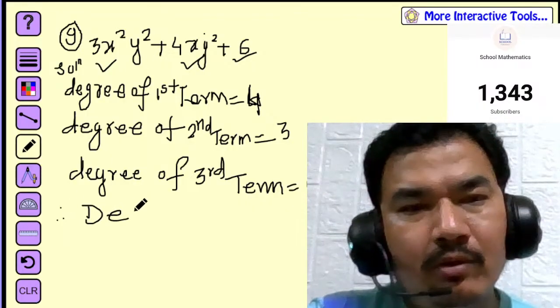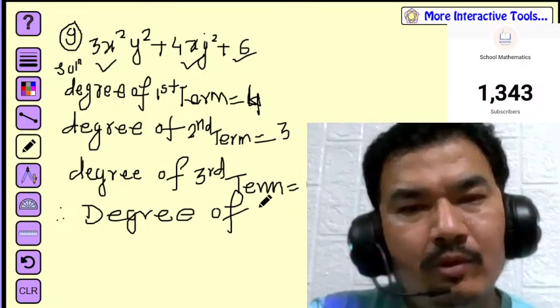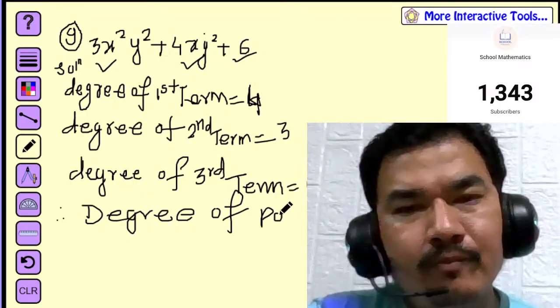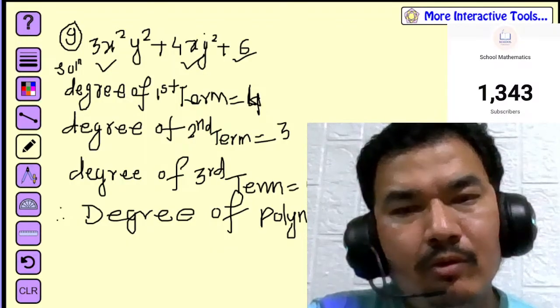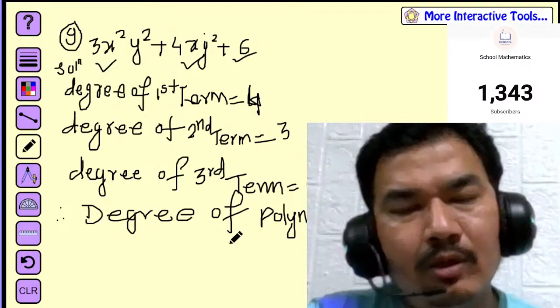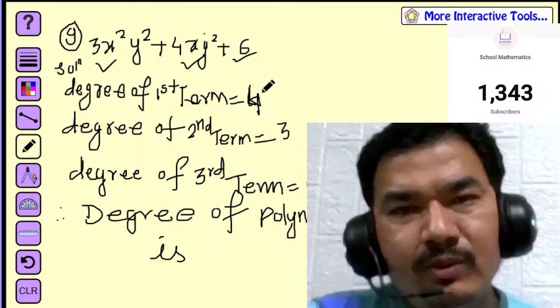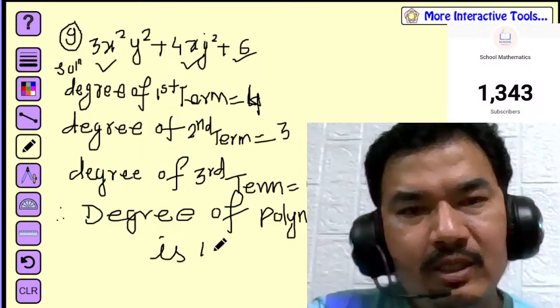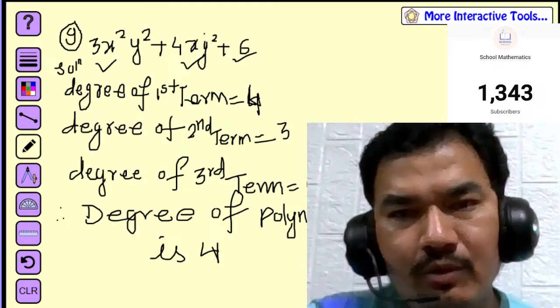Degree of polynomial is the highest one. Which one there? 4. That is the degree of this polynomial. This polynomial has the degree 4.